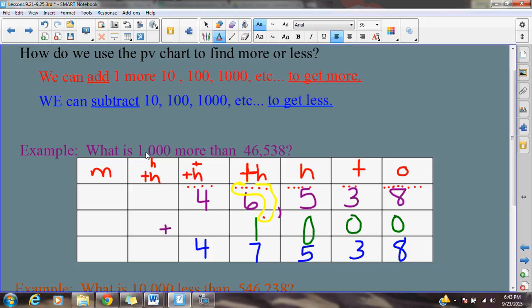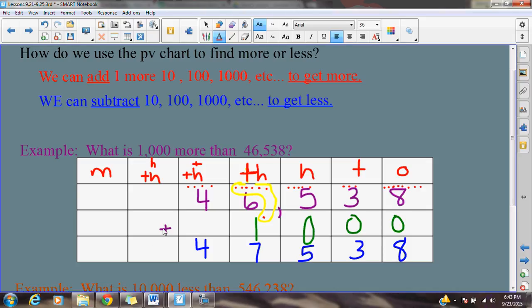And so I know that if I'm trying to figure out what is 1,000 more than 46,538, I need to add 1,000 to see what it is. Now, because it's such a large number, putting it in a place value chart just helps me see what place is getting increased.